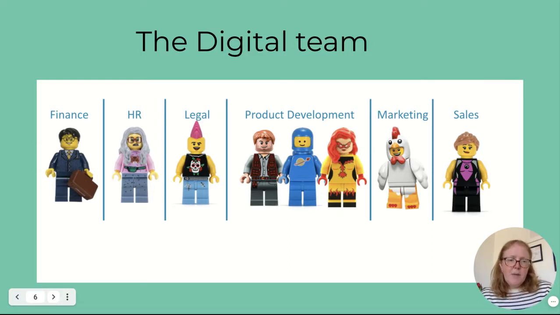I'm putting this here because, again, you might not feel like you have a digital team, but actually you have an organization, and unless you're the only person in the organization, the CEO, founder, and you're doing everything, you might have people in those different functions, or traditional functions. You might not, but the point I'm trying to make here is that everyone is involved in product management.